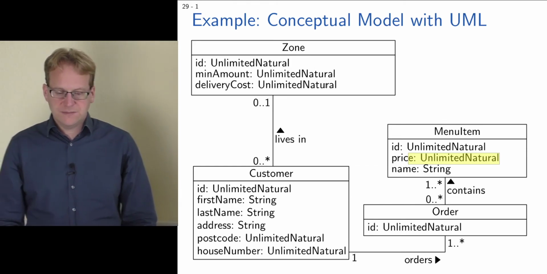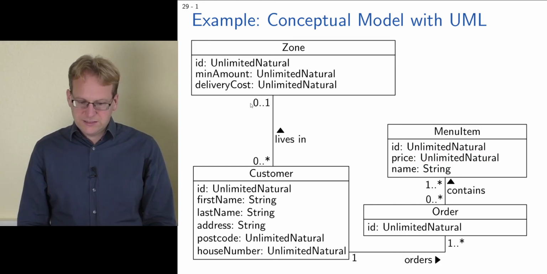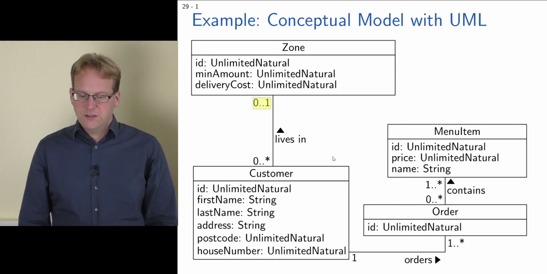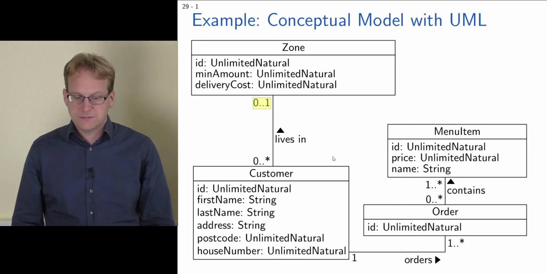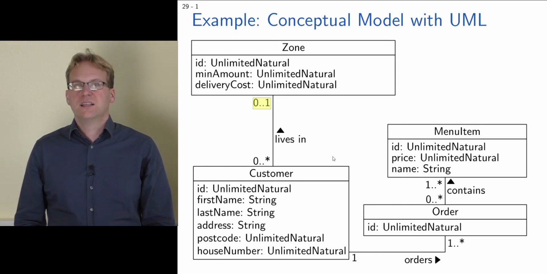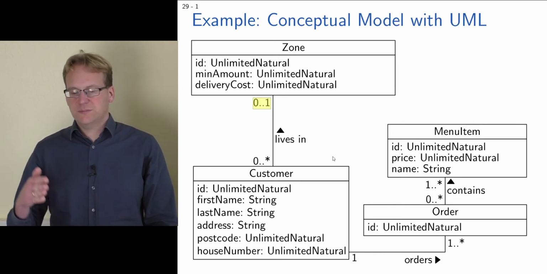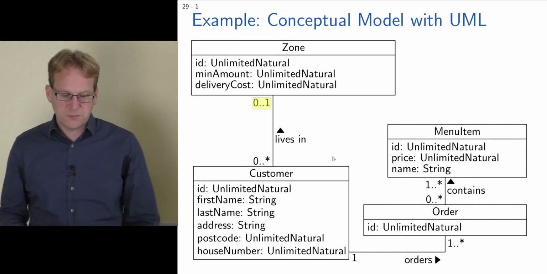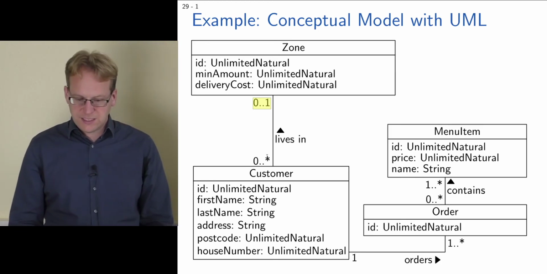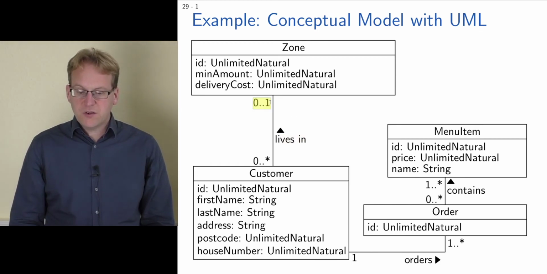And actually, these numbers you can see here are called multiplicities. They tell us how many customers live in how many zones. To say this more precisely, what we can see here is that every customer lives in 0 or 1 zone.